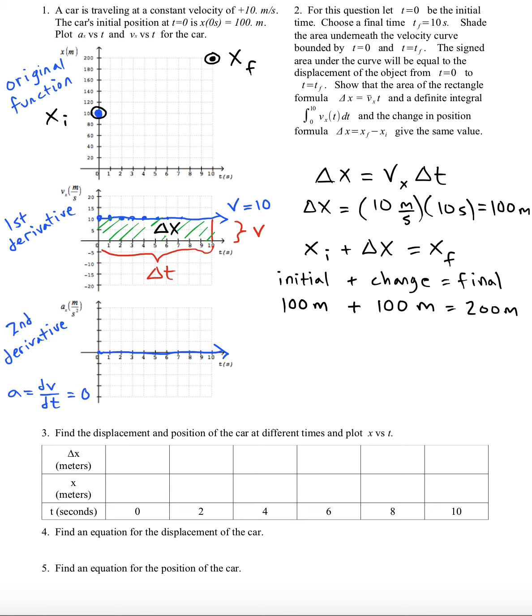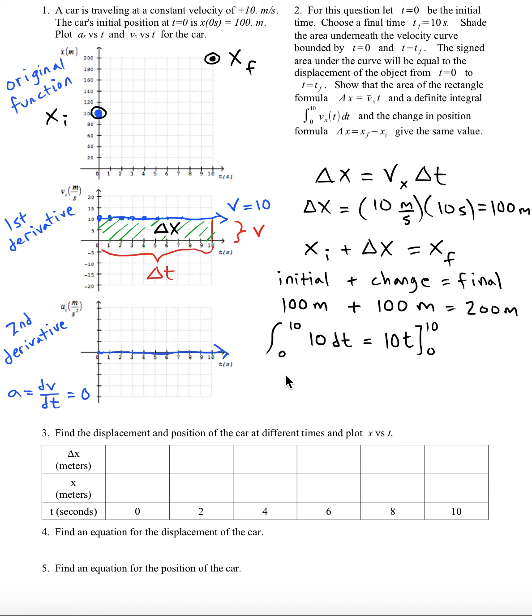We also want to do this with an integration. So let's go ahead and try the definite integral from 0 to 10 of the velocity function dt. We have to find the antiderivative of 10, which would be 10t. And then we just want to integrate from 0 to 10.